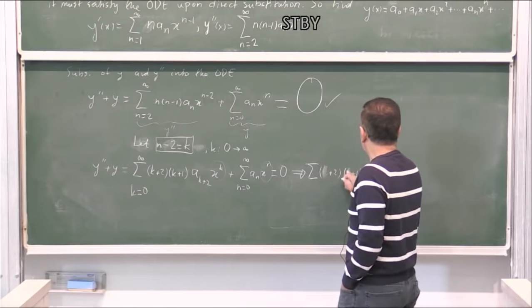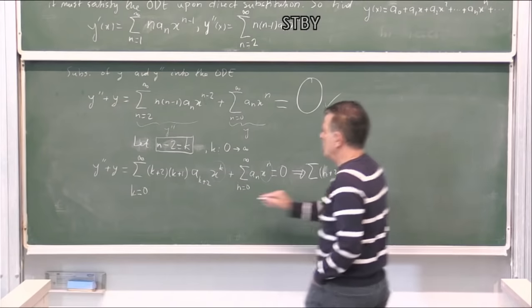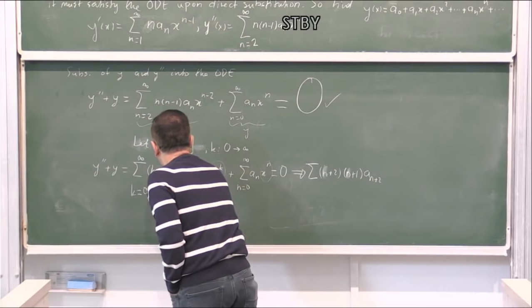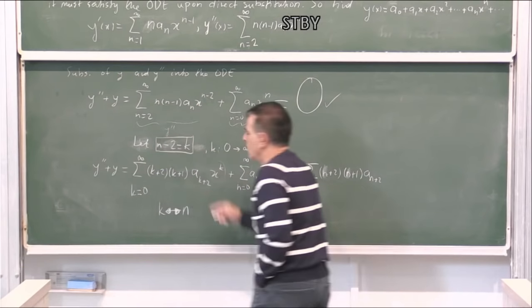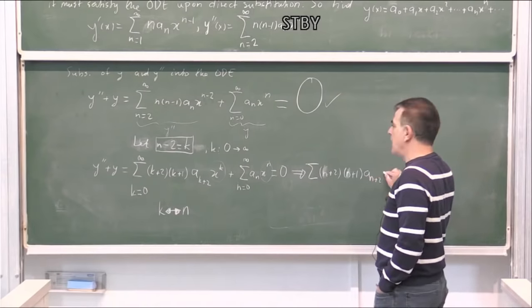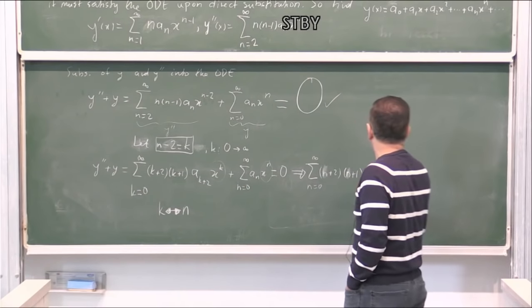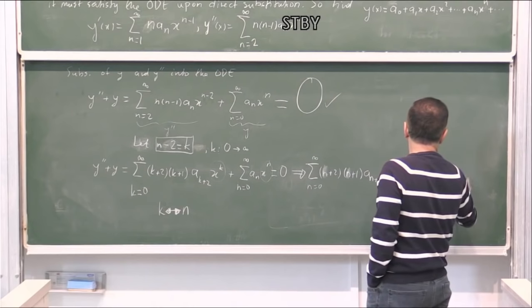Because k is a dummy index, we write it in that form, n plus 2 times n plus 1 times a_(n+2). Just for this series, k is replaced by n. The name of the counter has been changed from k to n again. So we have x to the power n from 0 to infinity, plus a_n x to the power n, must be 0.